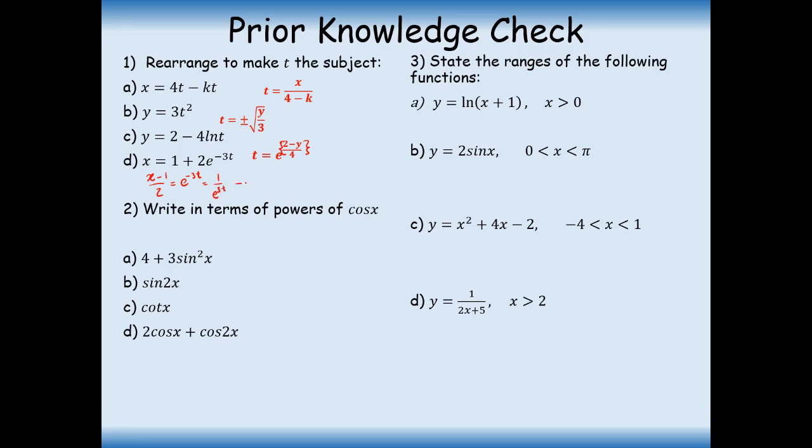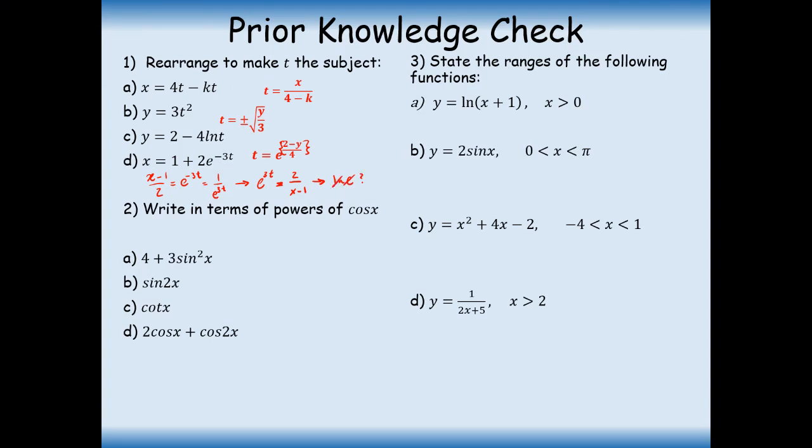Therefore, we can take the reciprocal of both sides, have e on top of the fraction, and rewrite the left-hand side as 2 over (x minus 1), and use logarithms to eliminate e on the left.